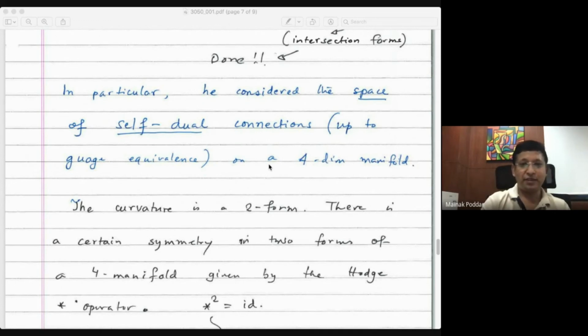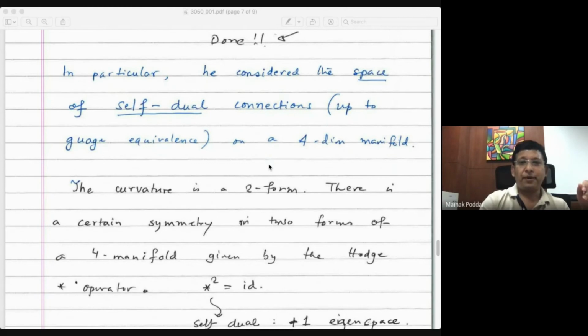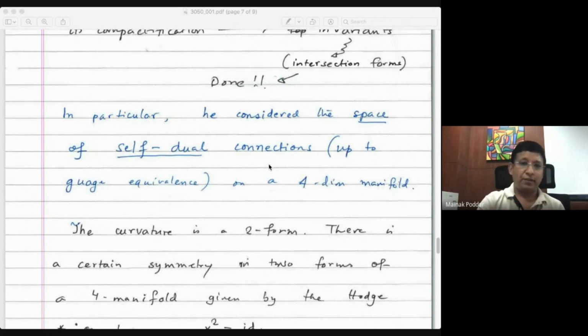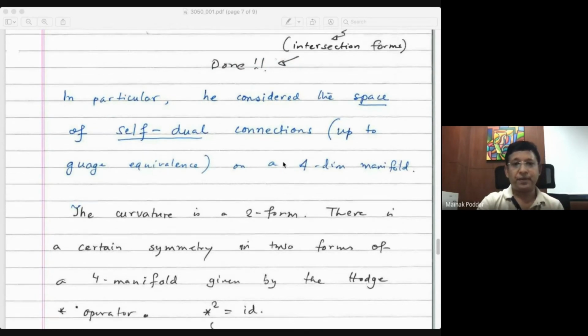I'm simplifying a little bit, but something called the intersection form, which is slightly more complicated, and so on. Anyways, not going into details. And from some pretty blunt topological invariance of this space of self-dual connections.